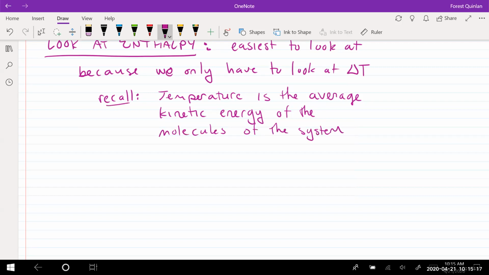Okay, so we are looking at how fast are those things moving, both before and after.